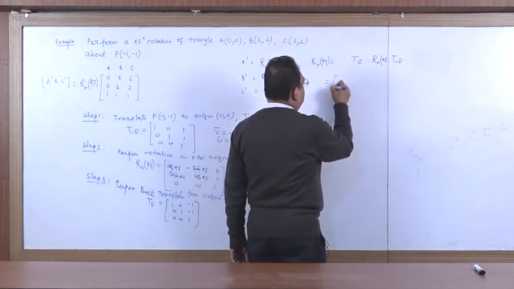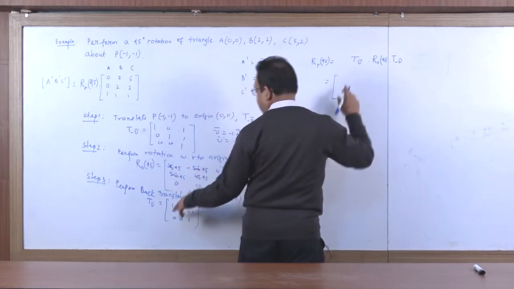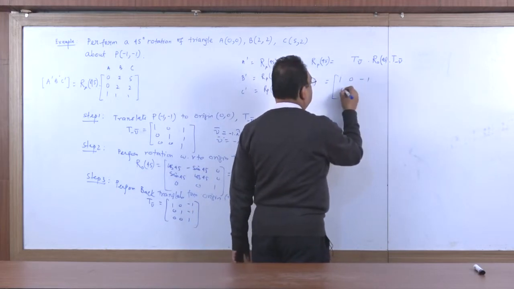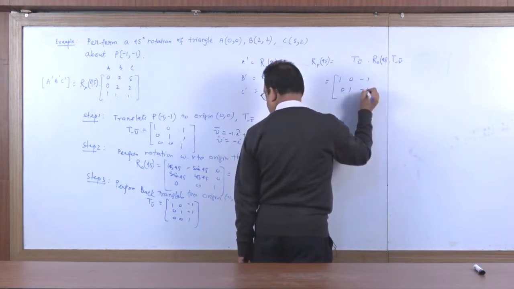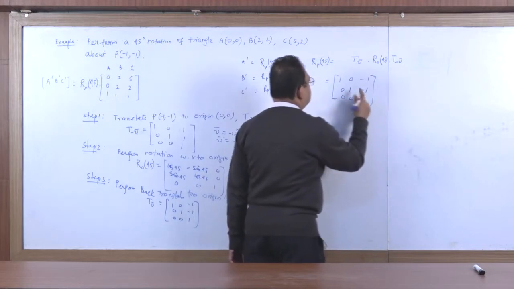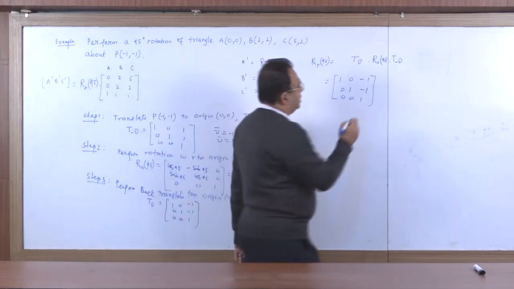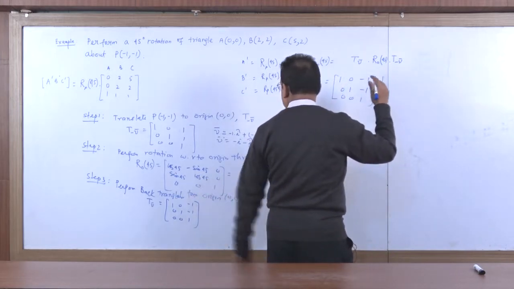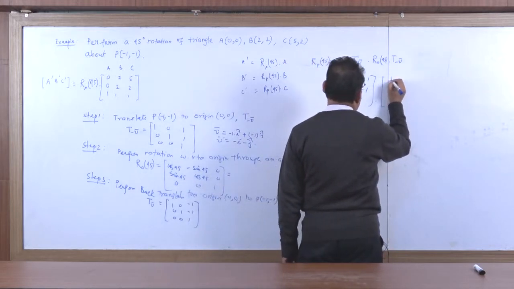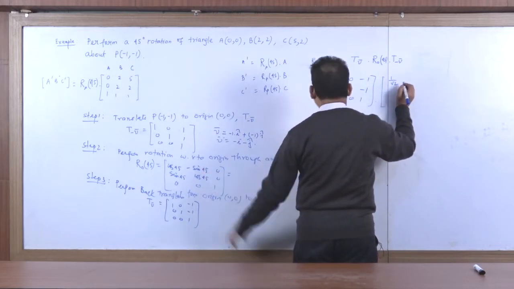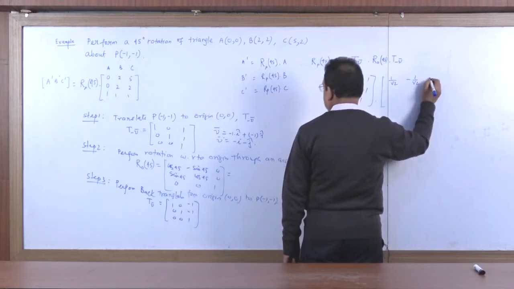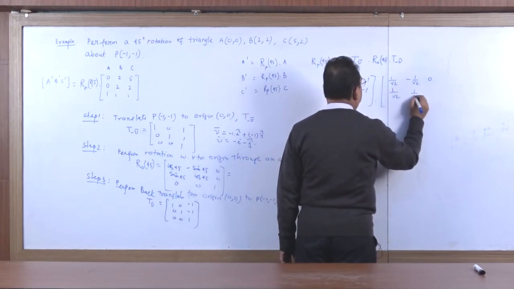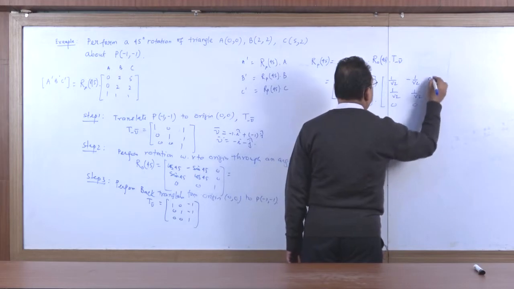Now, put the values. What is T V? T V is 1, 0, minus 1, 0, 1, minus 1, and 0, 0, 1. Now, what is R 0, theta? R 0, 45 is cos 45, that is 1 by root 2, minus sin 45, that is minus 1 by root 2, and 0, then 1 by root 2, 1 by root 2, 0, and 0, 0, 1.